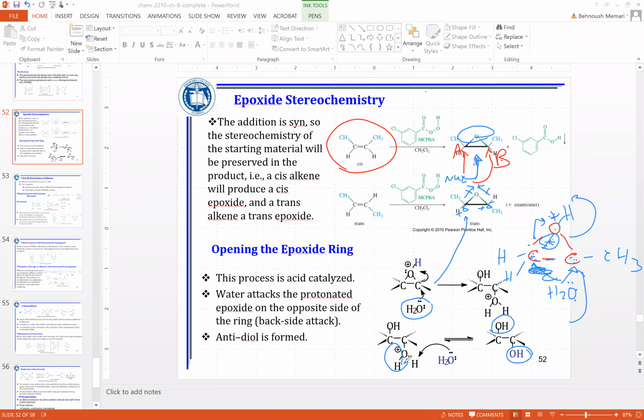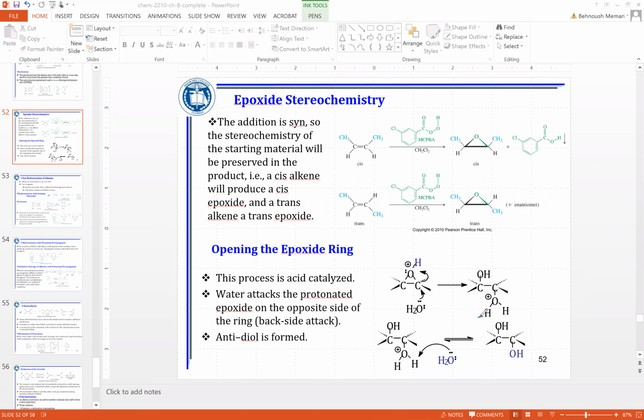So the ring opening, if you do hydrolysis of epoxide, the final product is going to be diol. Okay. So the final product is going to be diol. You have OH and OH. And if you look at this molecule and say, I want to add water, so hydrolyze the epoxide, basically when you are adding water, you're adding H and you're adding OH.